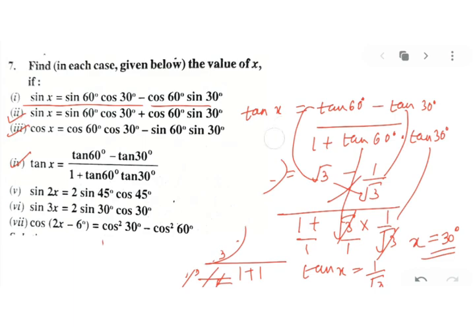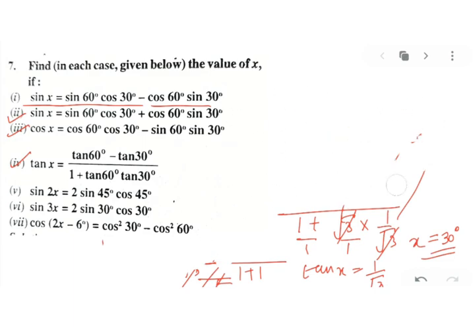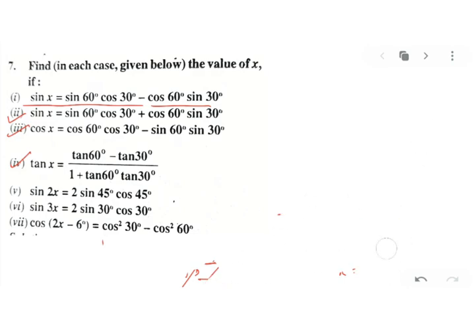I'll take your problem number 7. And once you got problem number 7, you will be able to do 5 and 6, I hope. Problem number 7 says cos 2x minus 6 degree is equal to cos square 30 minus cos square 60.